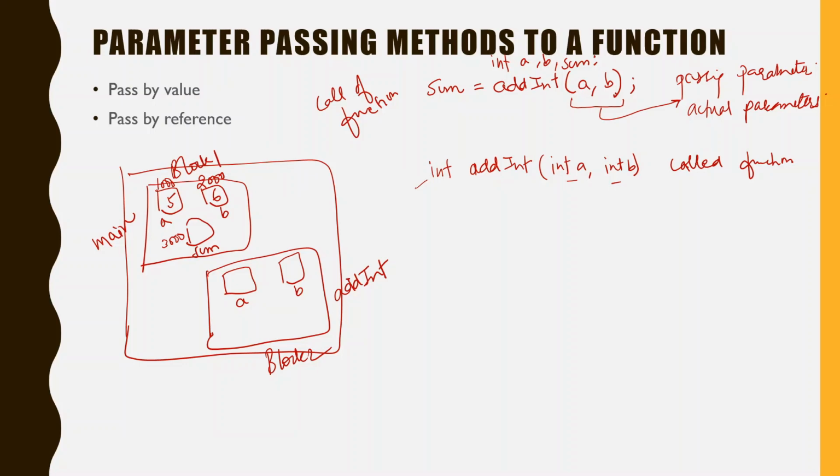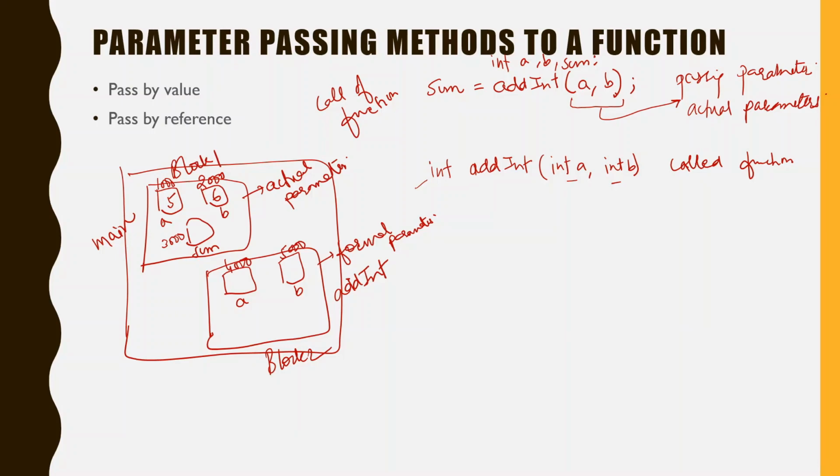Physically they will be at different memory locations because these are two different blocks of memory, so their memory locations will not be the same. These are the actual parameters because they are used in the call, and these are the formal parameters for the called function.